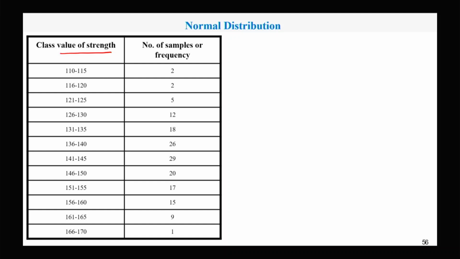Like in this table, the strength value is actually ranging from 110 to 170. So for a particular textile material, the strength value is ranging from 110 to 170. Unit may be anything.